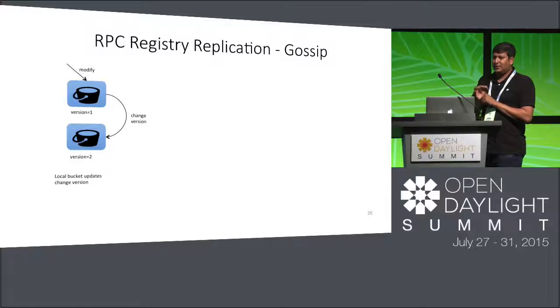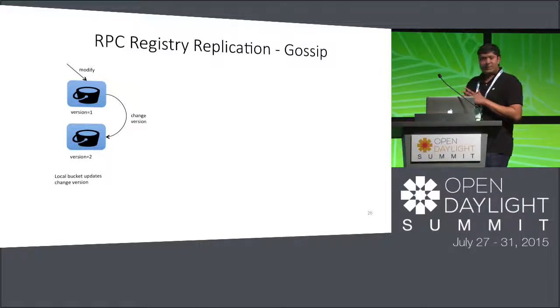For example, let's say a switch is connected to one node in the cluster, let's call it OpenFlow 1. That registers, and because it registers, you have to register an RPC for it, say an add flow RPC. When you register the RPC, the RPC listener gets called. That in turn modifies the bucket for that particular node, and once it's modified, we change the version. Once the version is changed, that is eligible for replication.